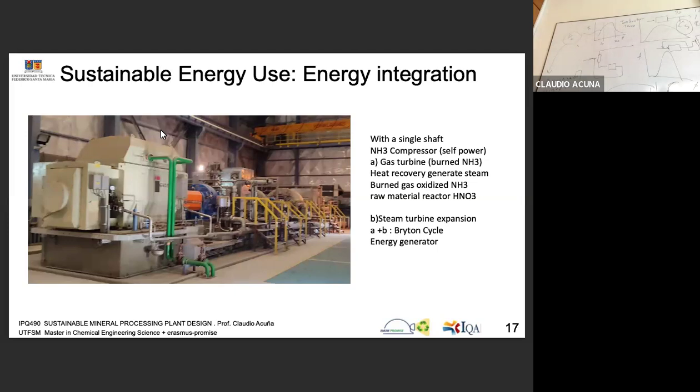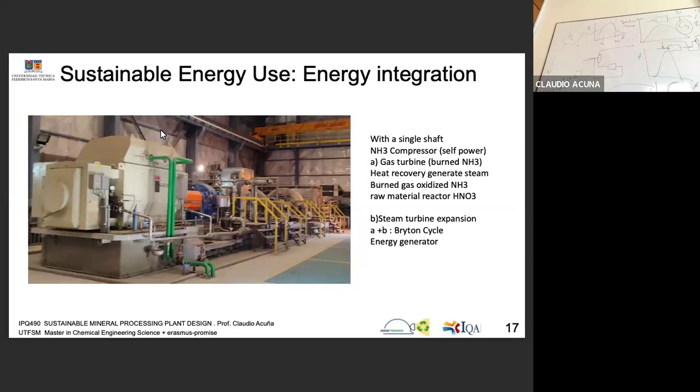You use this heat to generate steam. And all those equipments are coupled in a single shaft: compressor, turbine, and 50% of the energy is recovered. I mean, you need to convert ammonia into NO2, NO3 gas in order to convert that into nitric acid.